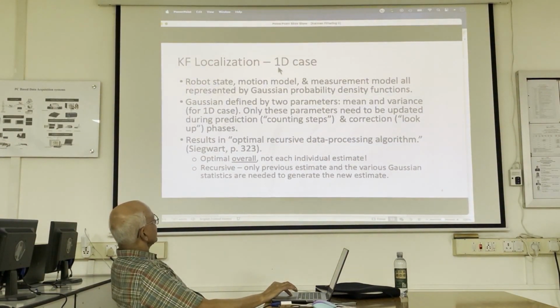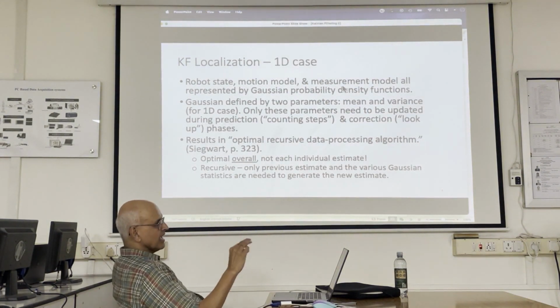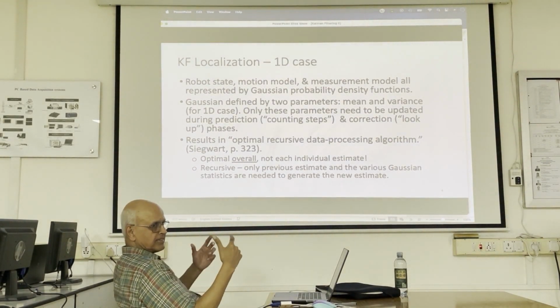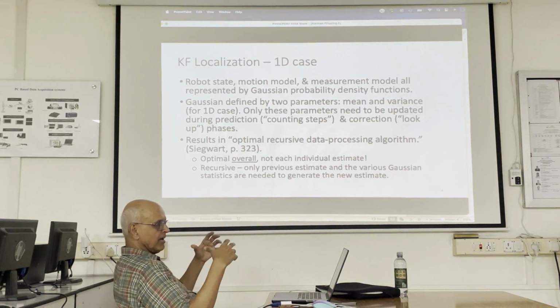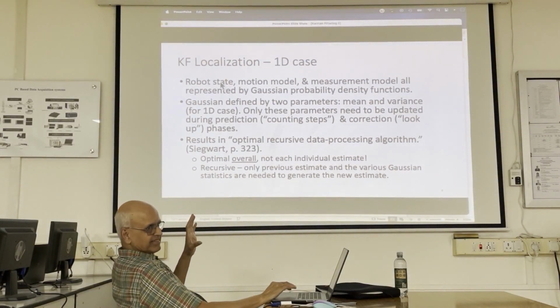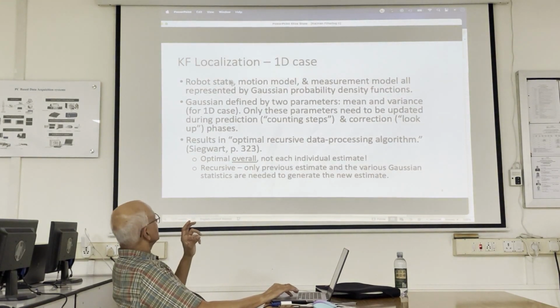The Kalman filtering assumes Gaussian probability density functions for the 3 uncertain things going on. This morning we said probability is a way to model uncertainty. So there are 3 areas. One is the robot state. The state of the robot is never known precisely, so you use a Gaussian to model that.